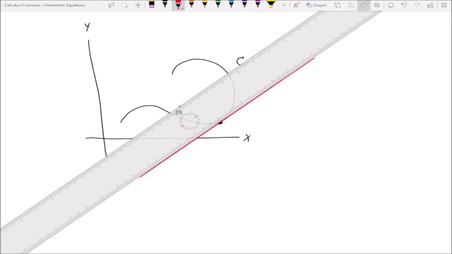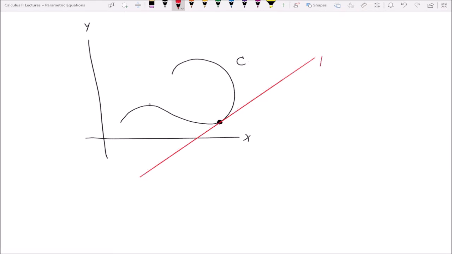Or in other words, what is the slope of C at some point P? Which of course means we want to find dy dx evaluated at the point P.